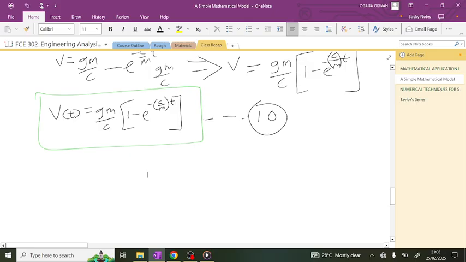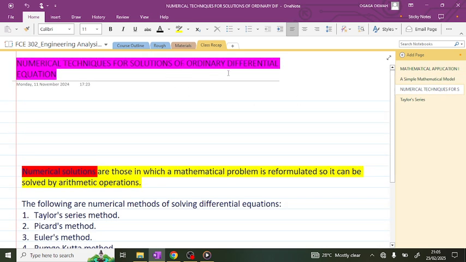In many of the cases where you cannot get the exact solution, the alternative is to develop a numerical solution that approximates the exact solution. That is where we have numerical techniques for solving ordinary differential equations.